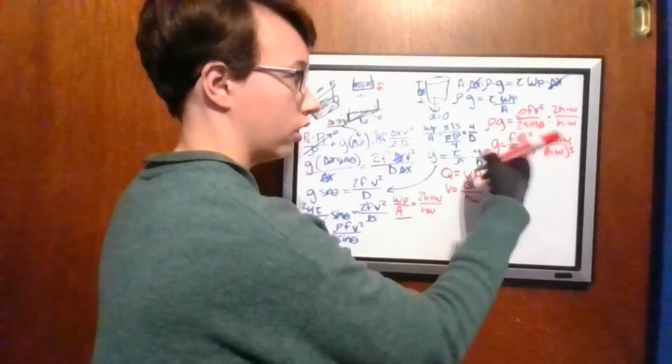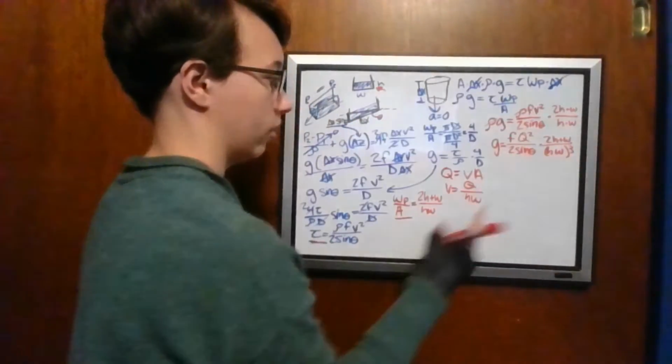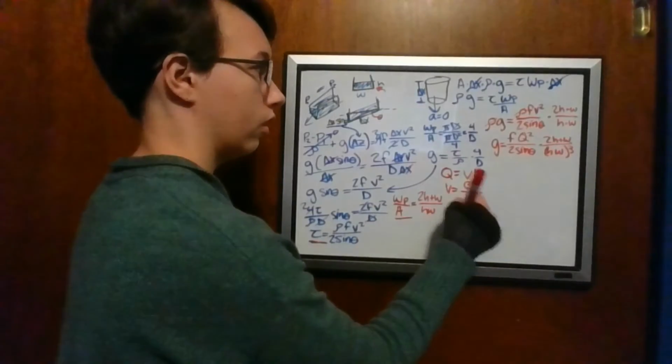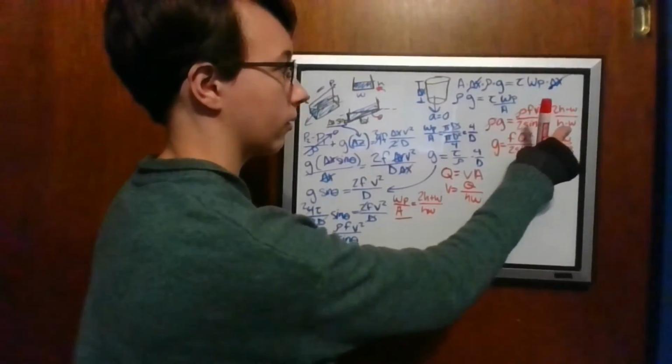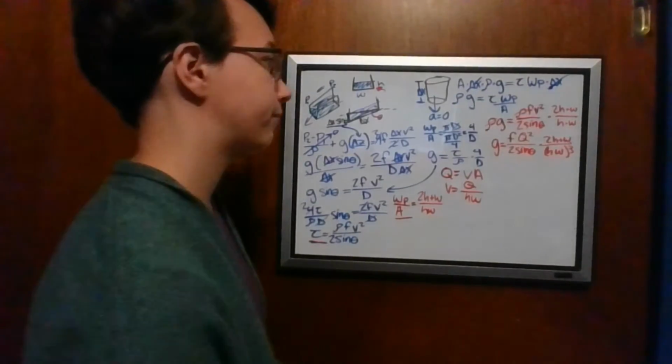So this Q squared over 2 of each hw, that's this value right here squared because of the velocity squared, and then the other hw comes from right there.